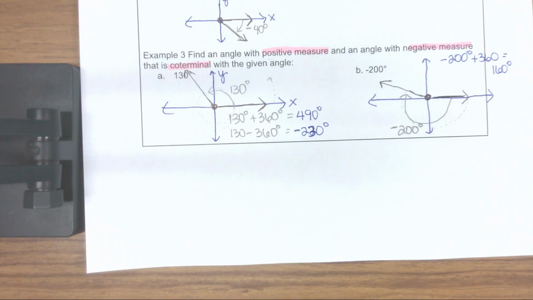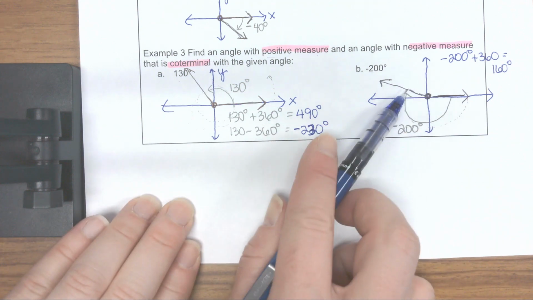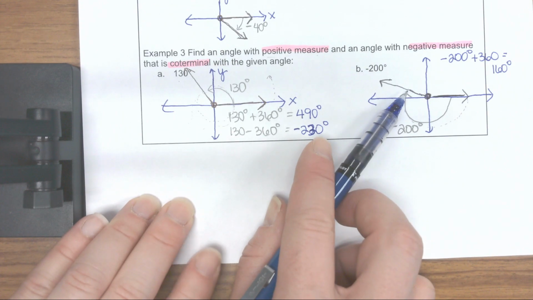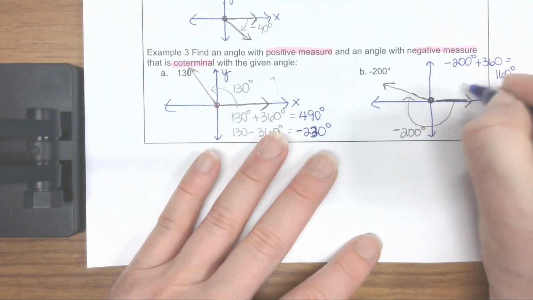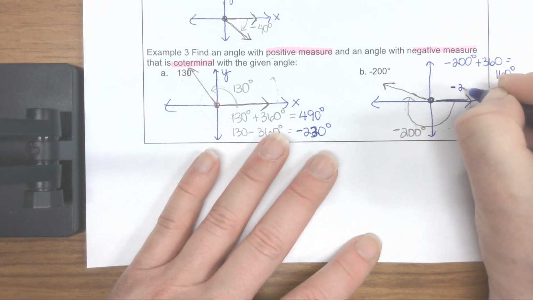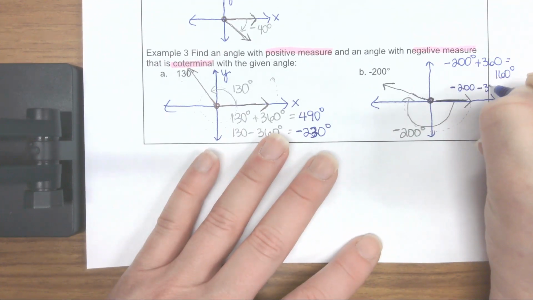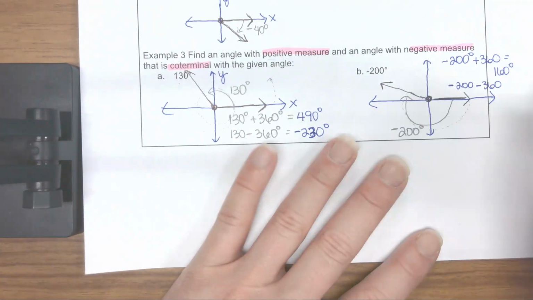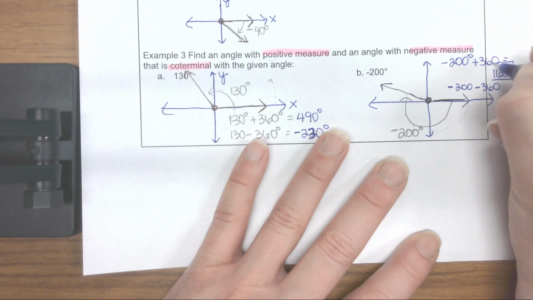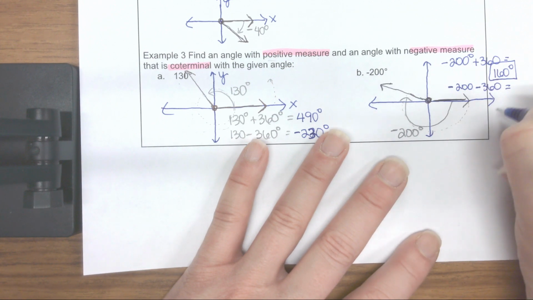Isn't 160 degrees just 180 minus 20? Hopefully you can see, oh yeah, it's 20 degrees shy of the 180 mark. All right, for our other one, negative 200 minus 360, or think of it as negative 200 plus a negative 360. So one of them is 160, and the other one would be negative 560 degrees.